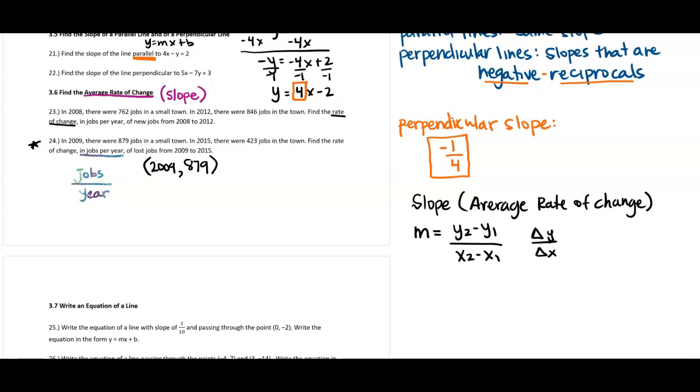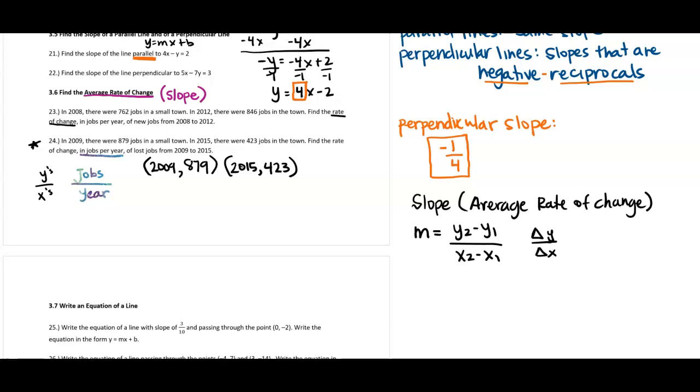So there's 1 point. The other point, in 2015, there was 423 jobs, right? But again, making sure you want to have your y's over your x's, right? So your jobs have to be y's. So notice that, because sometimes people get this flip-flopped and they have it upside down and then you miss it. So it's important that you know how to write this.